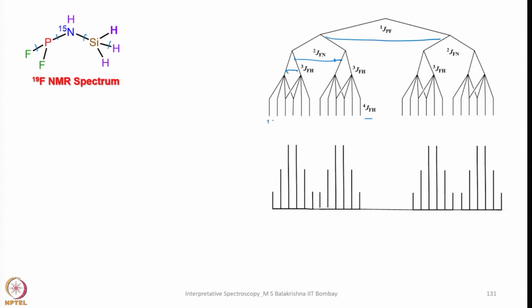There are 1, 2, 3, 4, 5, 6 lines, but the intensity varies, so it appears like a sextet in each case. When the spectrum is given, we often get confused about why there is a sextet. Each line should have been a quartet, very similar to what we saw in the case of phosphorus, but here it is a sextet because these 2 are merging. So, we get something like this. This is a typical 19F NMR spectrum.